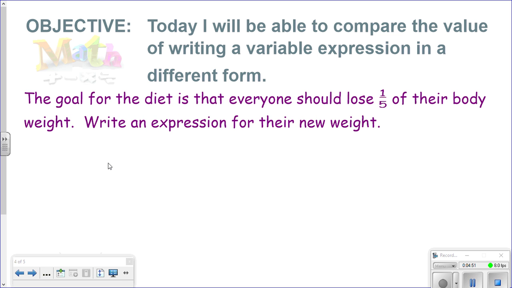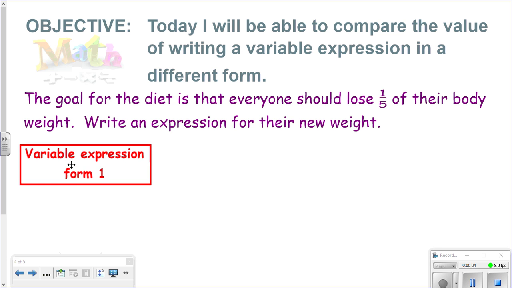What about this expression? For this problem, the goal for the diet is that everyone should lose 1/5 of their body weight. Write an expression for their new weight. There are several different ways we could write this expression. We could write that ideally the person should have their old weight and they should lose 1/5 of their weight.